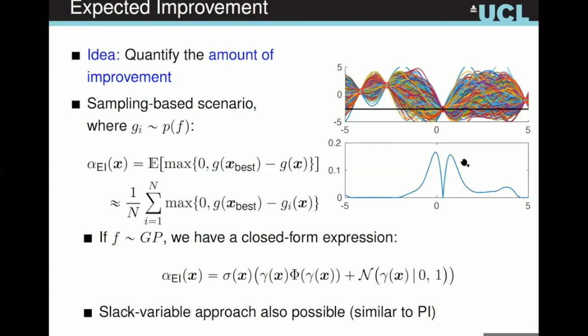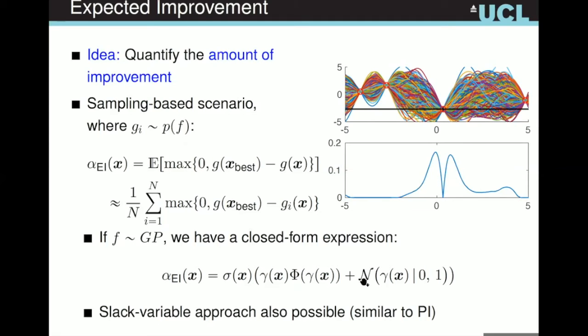And so we can see here that in the vicinity of the best input that we have found so far, the improvement is actually relatively low. So this one already automatically pushes you a little bit further to the left and to the right to get a better exploration and to find input locations that give us higher expected improvement over the function values that we have seen as well.